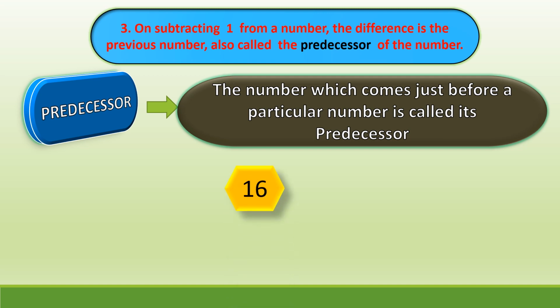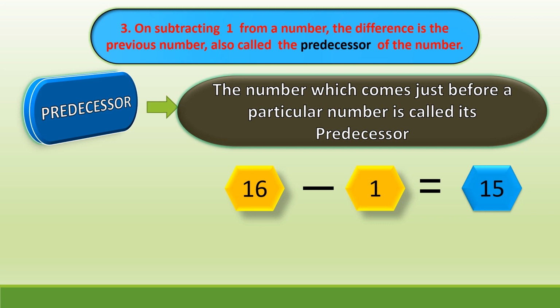For example, here we have number 16. We take away 1 from 16. When we take away 1 from 16, what do we get? We get 15. So 15 is the predecessor of 16.